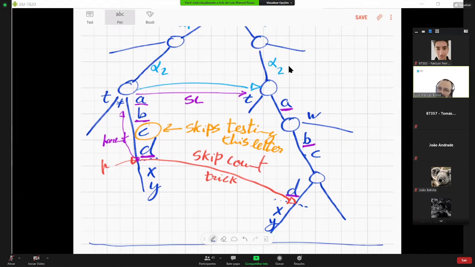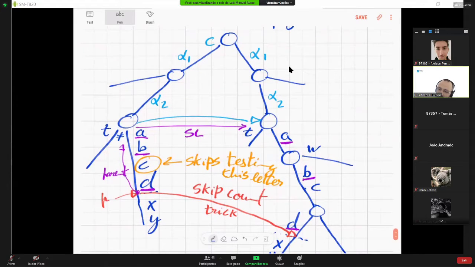But in this case, we are sure that the tree contains the pattern. If the tree contains C alpha 1, alpha 2, A, B, C, D, it must contain alpha 1, alpha 2, A, B, C, D. Because it's a suffix tree, it contains all the suffixes, so if it contains one, it must contain the other suffix.